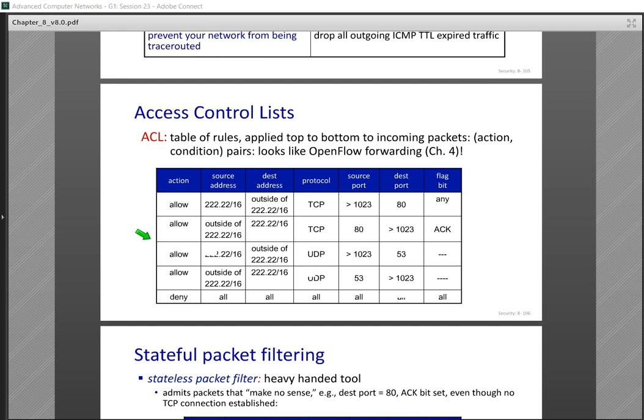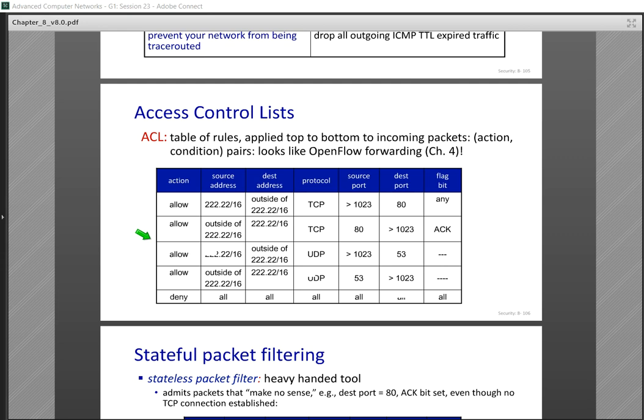In this example here, the first 4 rows are cases with allowed actions.